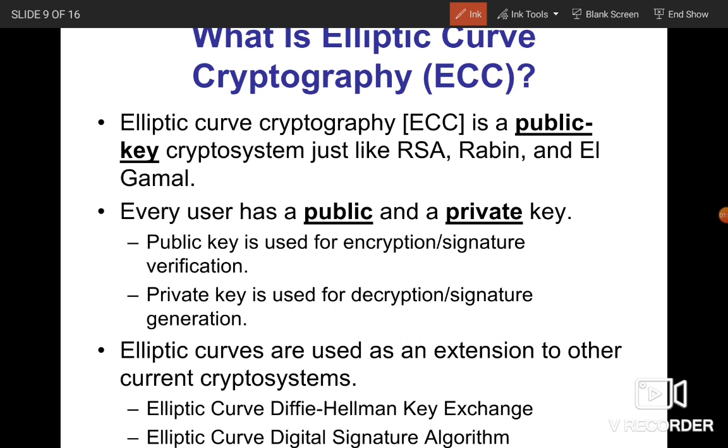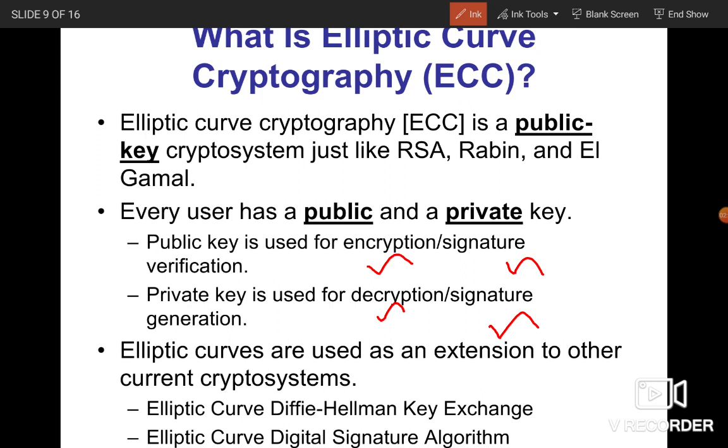Since this is a public key algorithm, we have two different keys: the public key and the private key. We can use the public key for the encryption process or signature verification. You can use the private key for the decryption process or for signature generation.